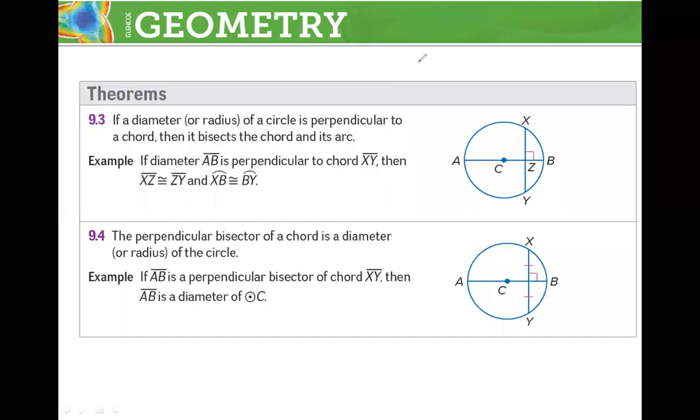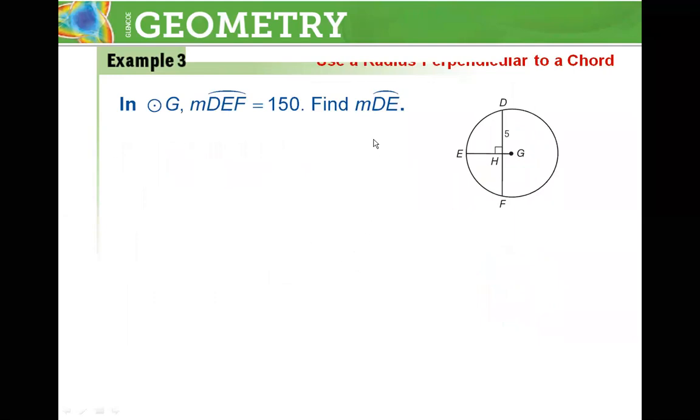Okay, let's go to the examples. The first example: in circle G, the measure of the arc DEF equals 150. Find the measure of DE.